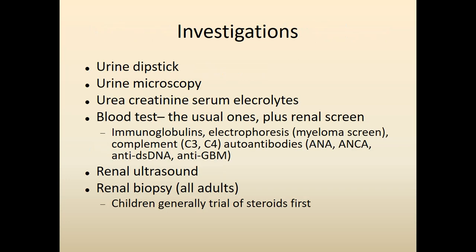Investigations. What investigations do we do in nephrotic syndrome? The urine dipstick, which shows protein as well as RBCs; some cases can present with RBCs. Fatty casts on urine microscopy, and urea, creatinine, and serum electrolytes. In most patients with nephrotic syndrome the renal functions are normal, but later on they could become abnormal in some patients.